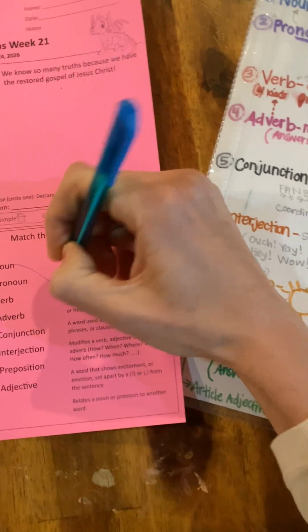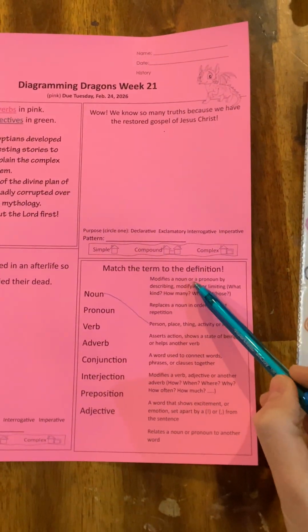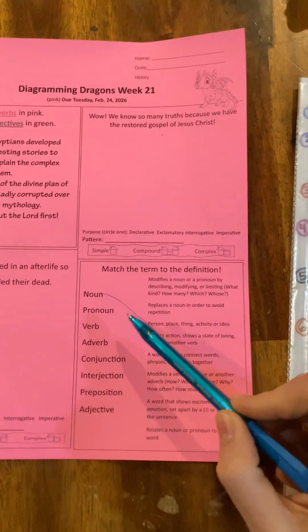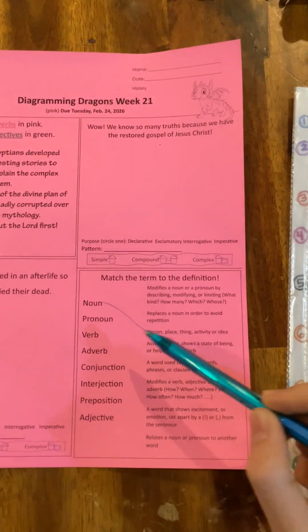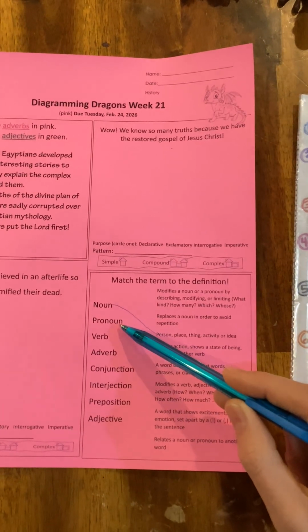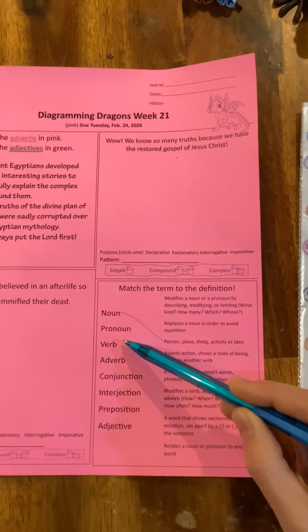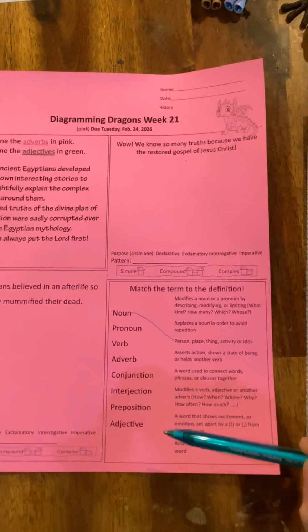Noun would come down to this one. And then you would go to the next one. It might help you to read it and then try to match it. Or if you know what a pronoun is, then look for what that is. A pronoun replaces a noun. So look for where you would find pronoun and work on those and do your best.